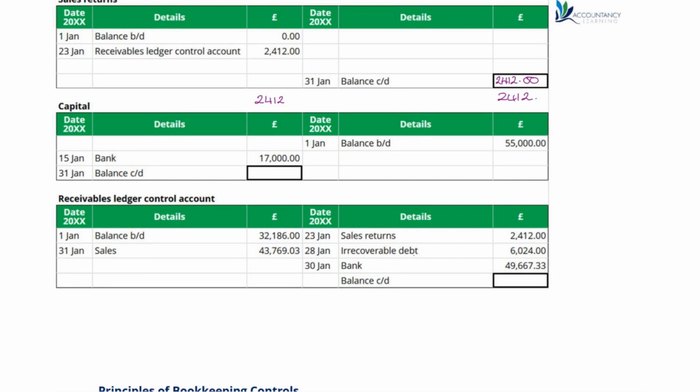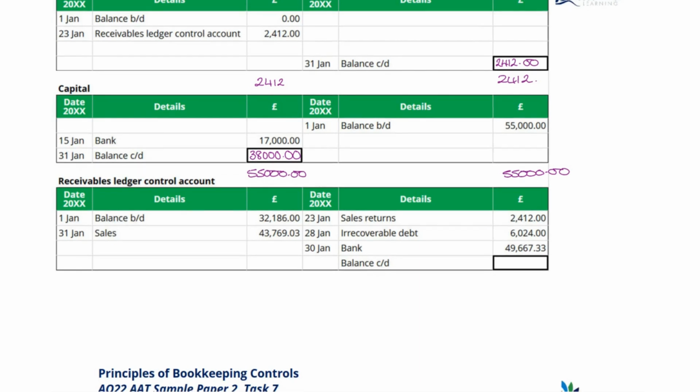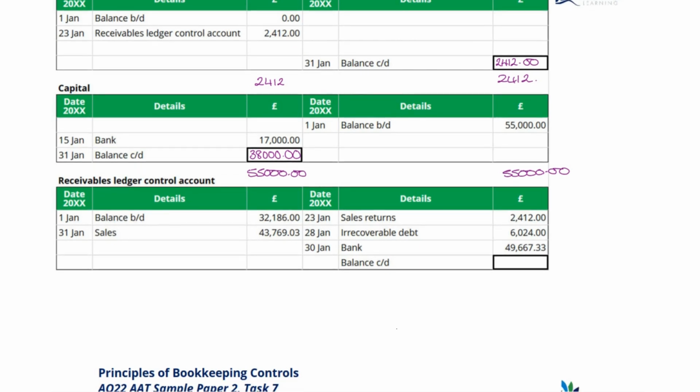Now this time we've got a figure both credit and debit. Now our credit side is higher, so we will take that as the total that we need to reach. We've got 17,000 on the debit side, so our carried down balance, our balancing figure, is 38,000. And then for our receivables ledger control account, we can see that our debit side is going to be higher.